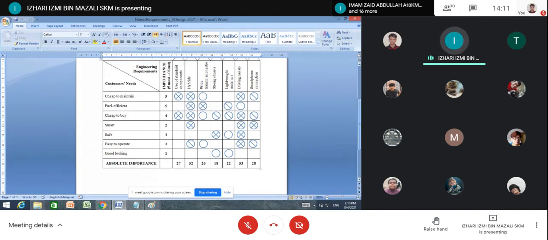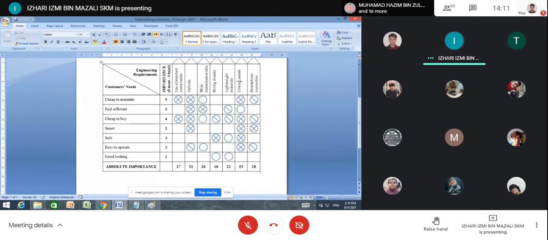Naturally, we should focus on this more as compared to the others. Right, and then how can we focus on it? Based on this, you have to define the specifications.